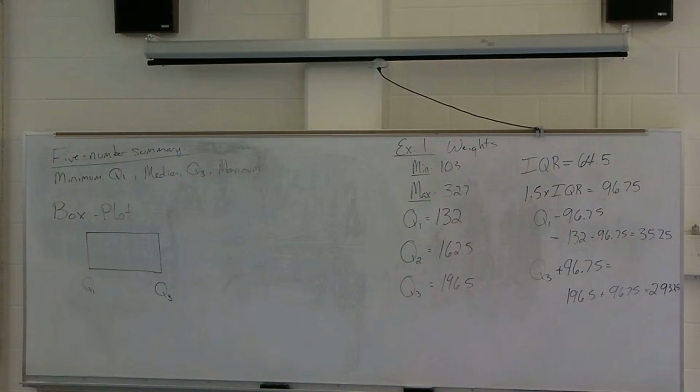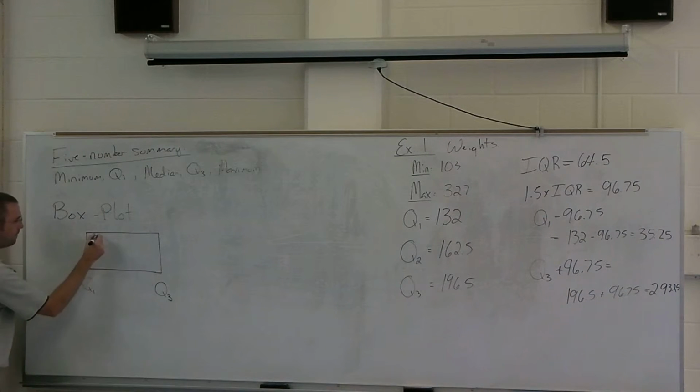And again, you can make this as spread out as you want, as wide as you want, as long as you try to keep everything to scale with the rest of the picture that we're going to draw in. Okay. So this is Q1 and this is Q3. I want the median to be representative of how close it is to Q1 and Q3 in terms of the differences between the data values.